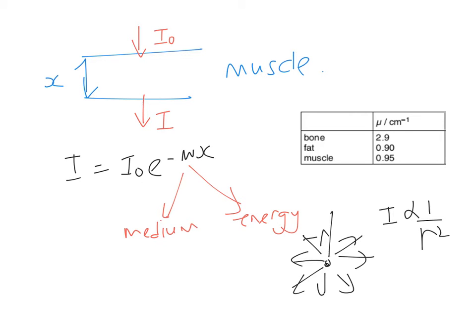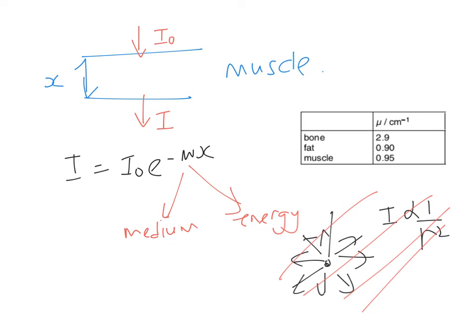Because it will form like a ball, and the total surface area of a sphere is 4 pi r squared. So we are not talking about this, however. So always remember that because it comes into the medium as a parallel beam, we don't have to worry about this. So it will not have to obey this law.